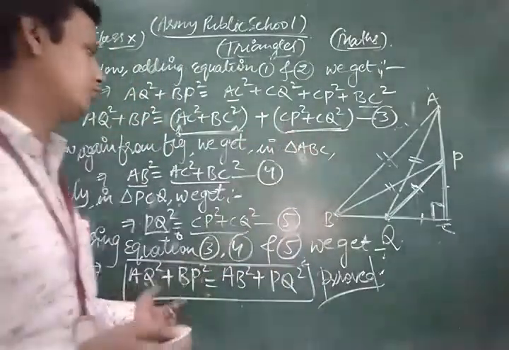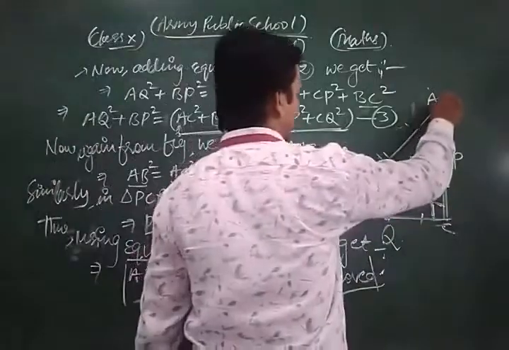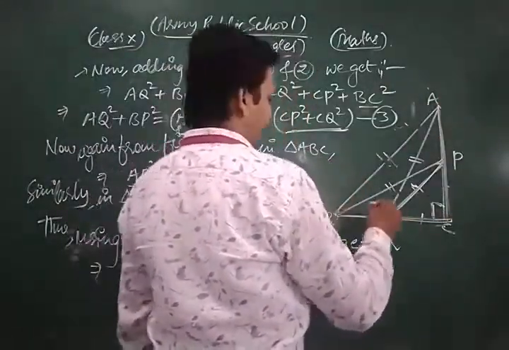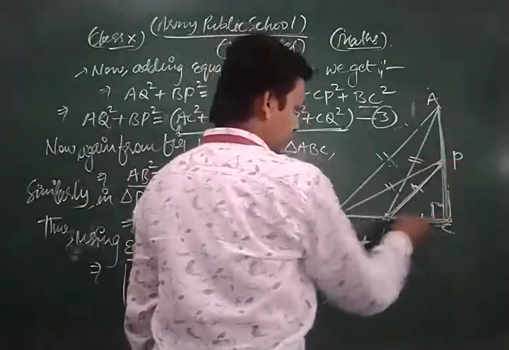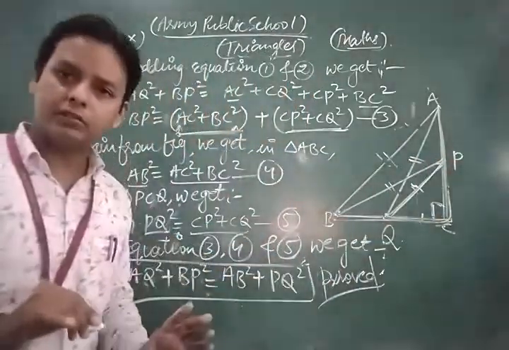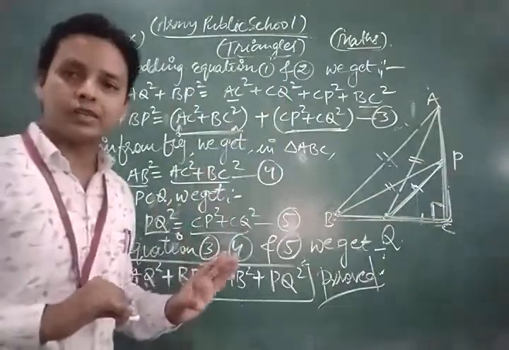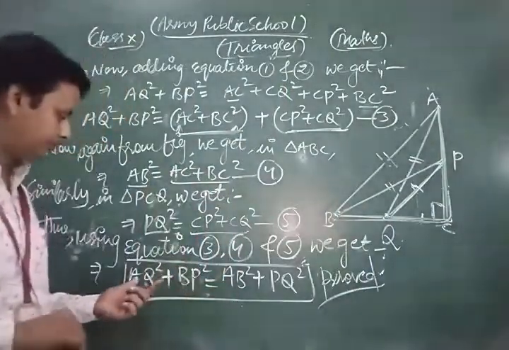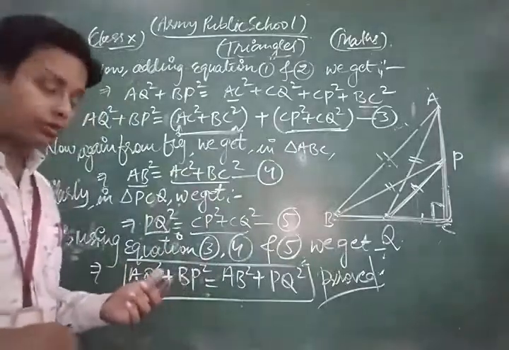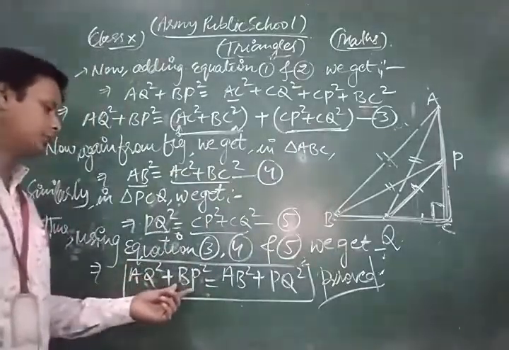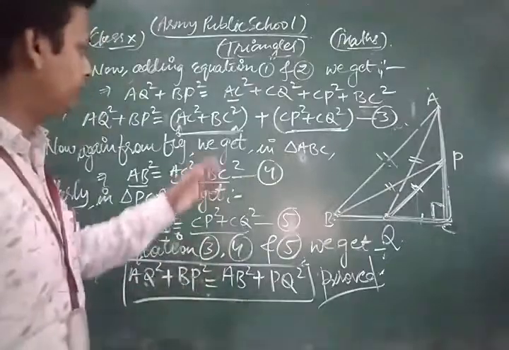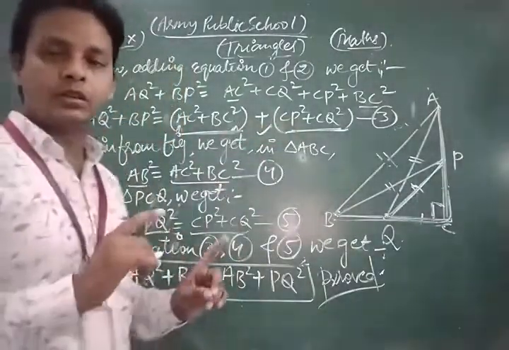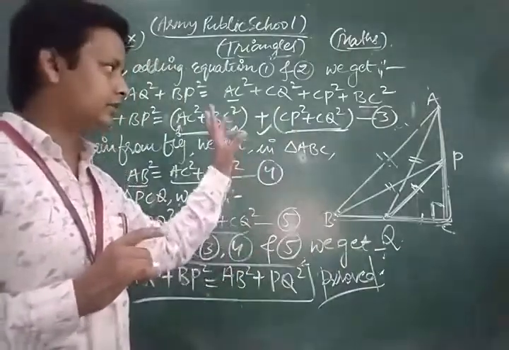For AQ square, we take right angle triangle ACQ. For BP square, we take triangle PCB. So from these two triangles, we have a relation. Now we add both the equations because we have to show AQ square plus BP square. After adding two equations, we get this result.